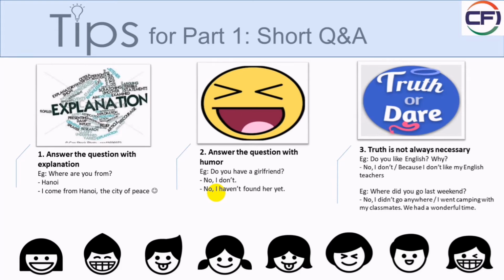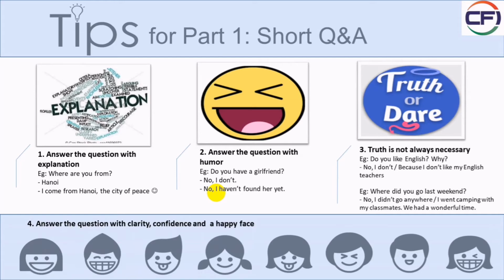For the second example, where did you go last weekend? Okay, I know you didn't go anywhere, but try to make up an answer like, I went camping with my classmates. We had a wonderful time. So you see that the second answer is better than the first one, right?